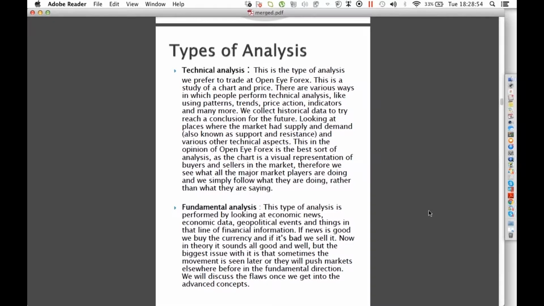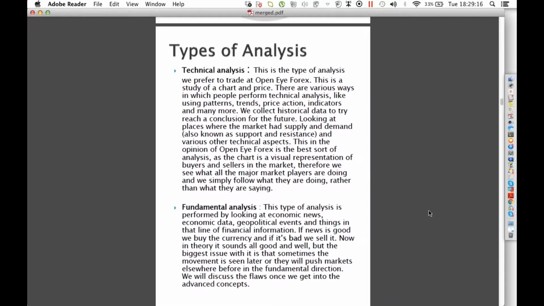This, in the opinion of OpenEye Forex, is the best sort of analysis, as the chart is a visual representation of the actions of buyers and sellers in the market. Therefore, we see what all the major market players are doing, and we simply follow what they're doing rather than what they're saying.